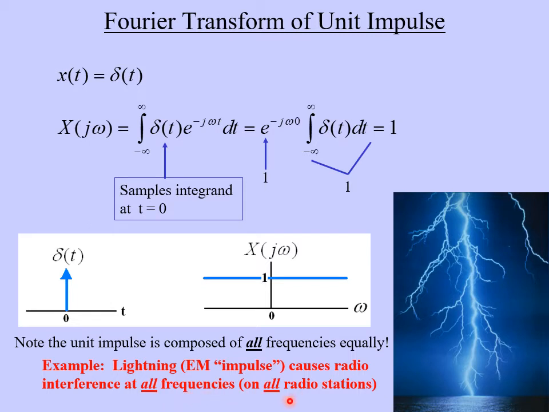So if you're listening to your car radio, particularly an AM station, and a lightning strike happens somewhere within the city, you'll hear that static, that crackle on your radio. It doesn't matter what station your radio is tuned to, because the lightning bolt's spectrum covers all of the electromagnetic spectrum, or at least practically all of it.